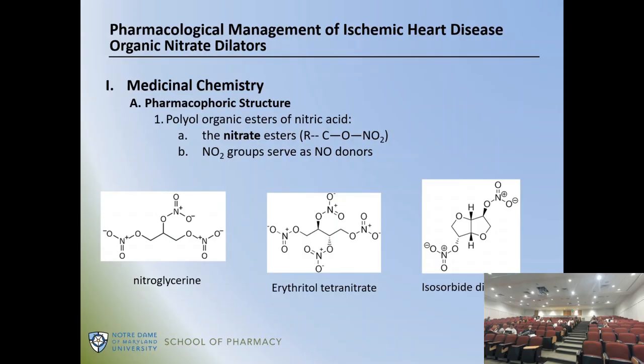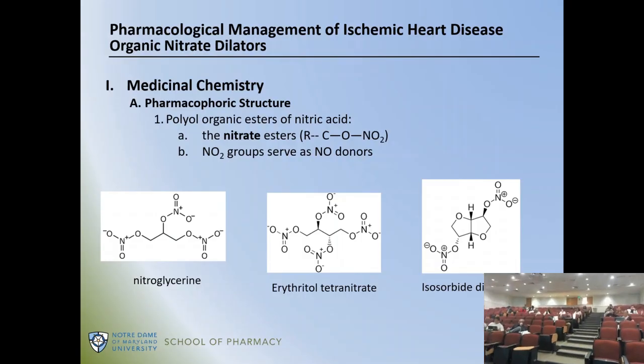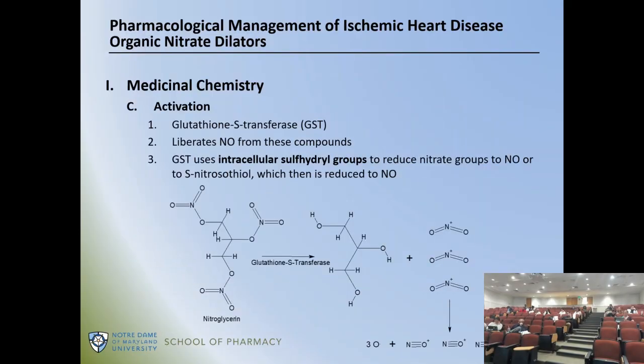From a med chem standpoint, all I would want you to be able to do here is pick out the functional groups that are nitric oxide donors. If I give you a nitrate vasodilating agent, I would ask that you be able to identify this structure as a nitric oxide donating group. Pretty easy.